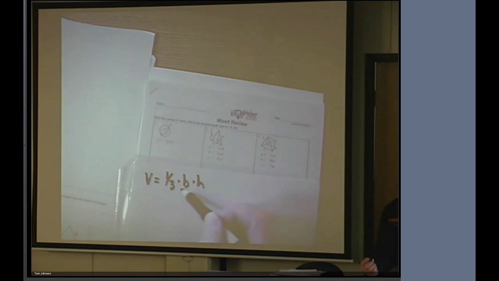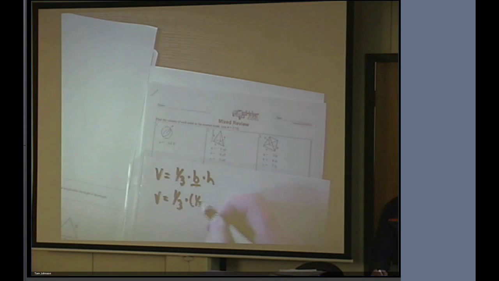So we've got to find the area of that base and then multiply it times the height. So the volume is equal to 1/3 times, what's the area of a triangle? Okay, 1/2 base times height.